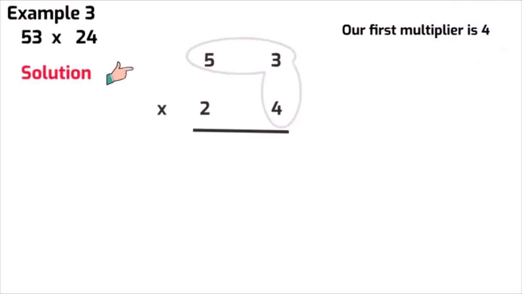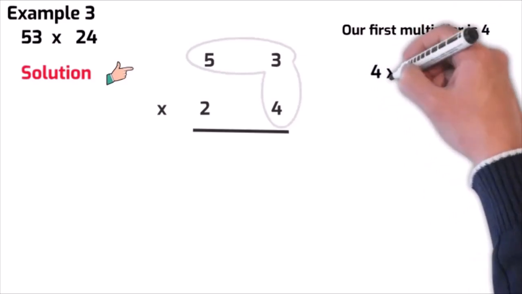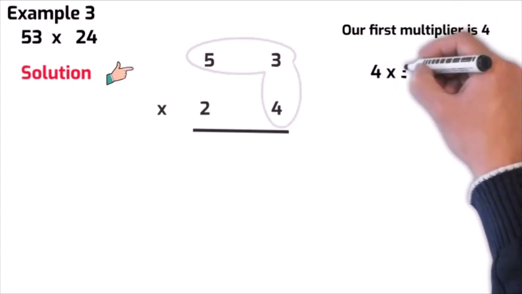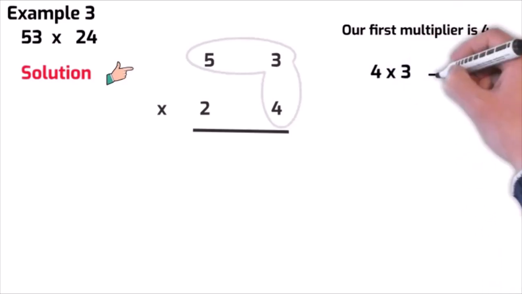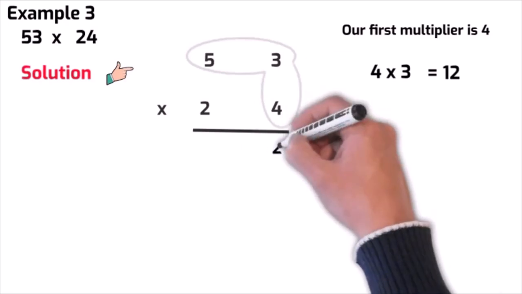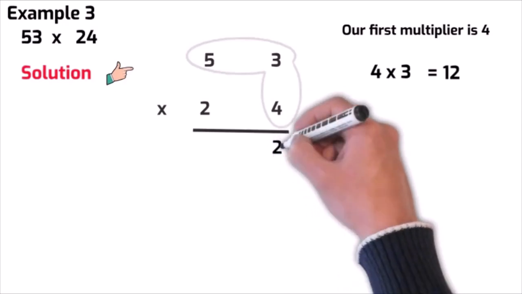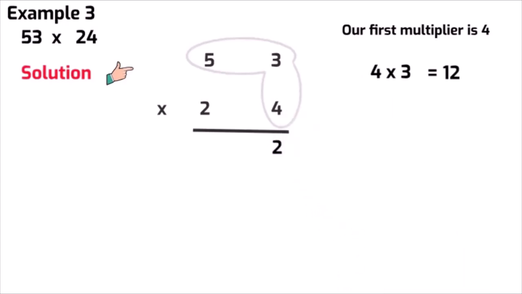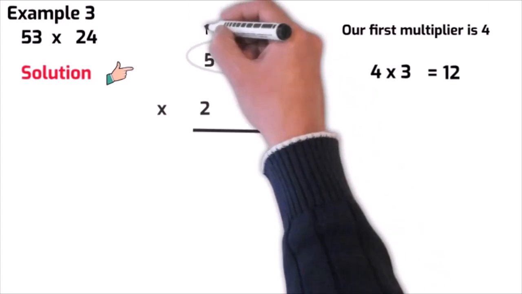So we say 4 times 3. 4 times 3 is equal to 12. But we know unit can only take single digit number. So we write down 2 and take 1 to the upper left hand side.